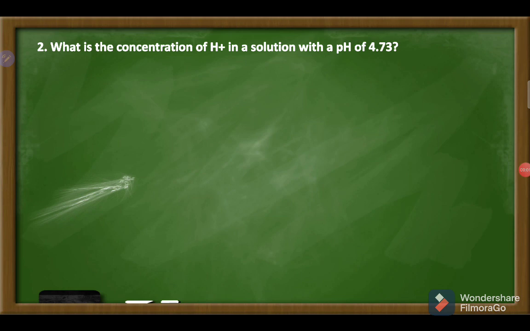Now let's proceed with number 2. What is the concentration of the hydrogen ion in a solution with a pH of 4.73? Let's write the given. We have pH equal to 4.73, and we are looking for the concentration of the hydrogen ion.